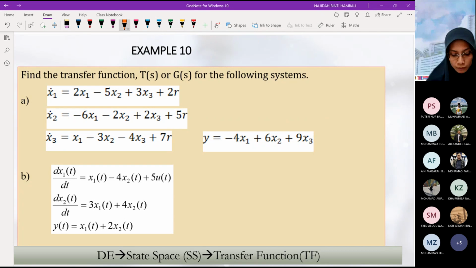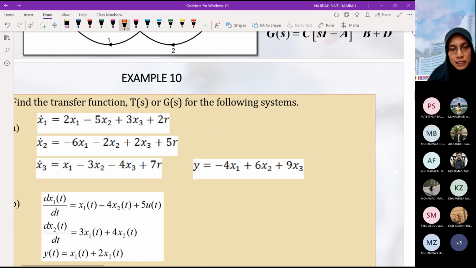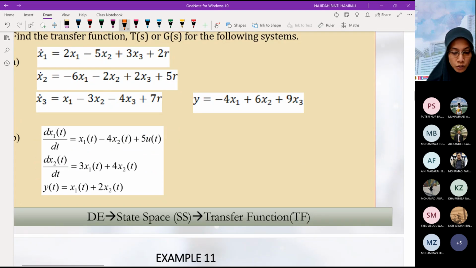Okay, for this one, if you analyze, you have three state variables, x1, x2, x3, and you have three derivative state variables. So you can guess that the dimension of your matrix A is 3 by 3. Same goes if you check the equation for the output Y, it consists of x1, x2, x3, three state variables, then matrix C is 1 by 3.